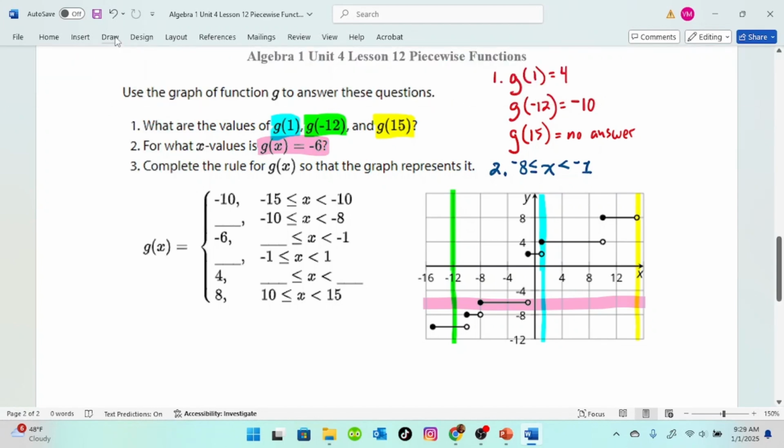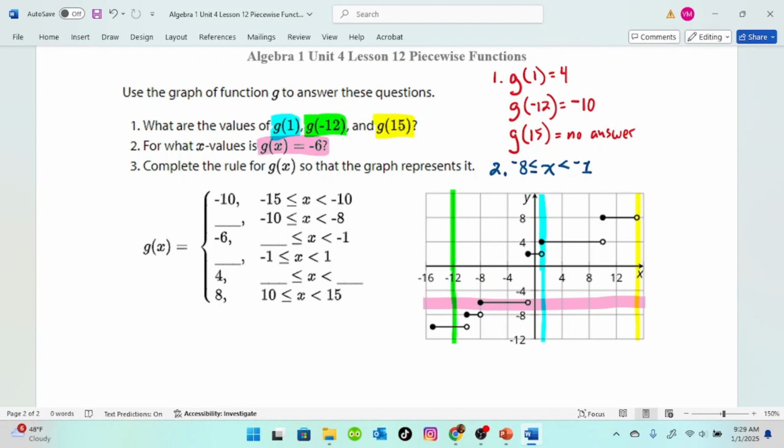And number 3, complete the rule for g of x so that the graph represents it. So here we have the rule, but we have 2 missing outputs and we have 3 missing inputs.